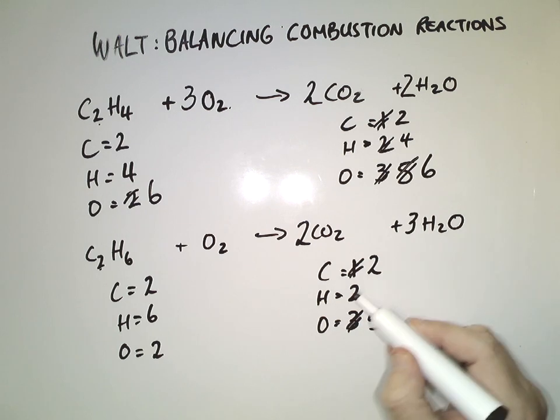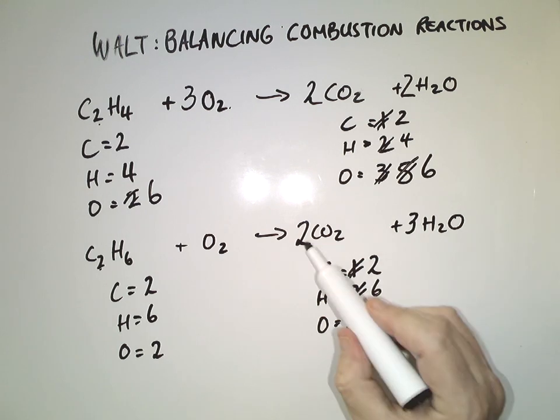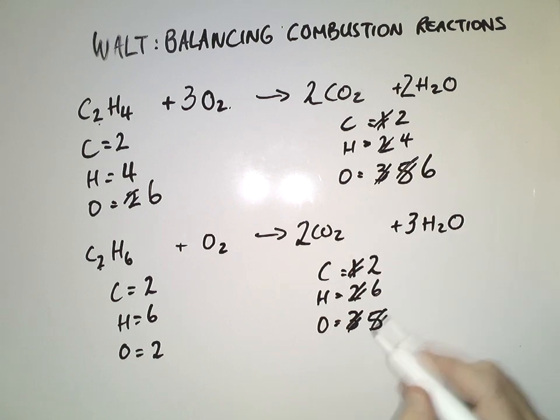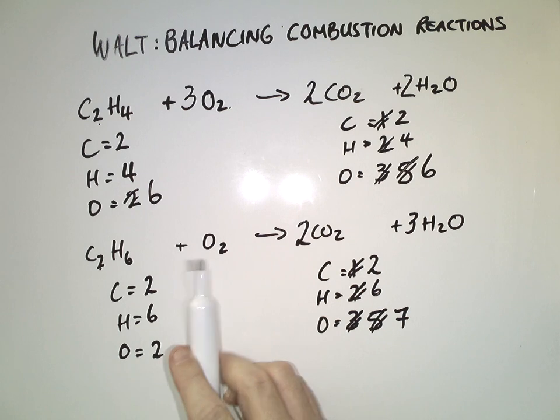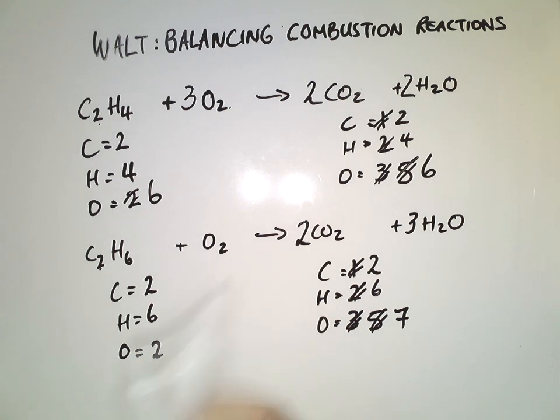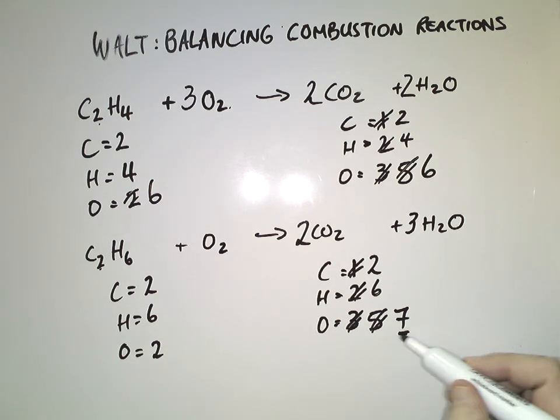And 3 times 2 gives us 6, and of course that changes our oxygen. So we've got 4 plus 3, which gives us 7. And this is the problem, because I can't put 3.5 over here. It's just not how we do it. I can't have half an oxygen molecule, for instance. So I've got a real problem when I end up with an odd number on this particular side.